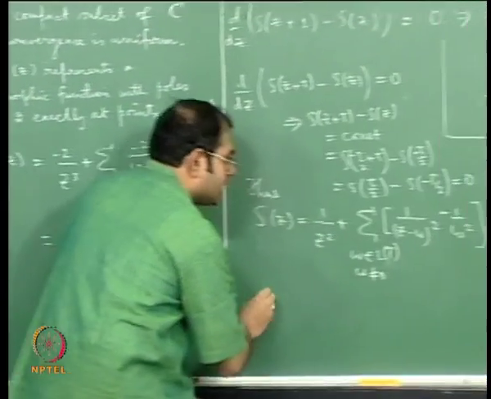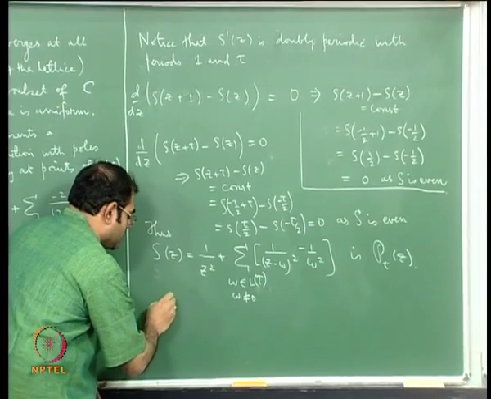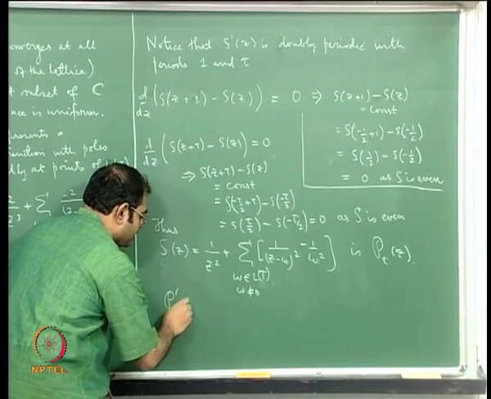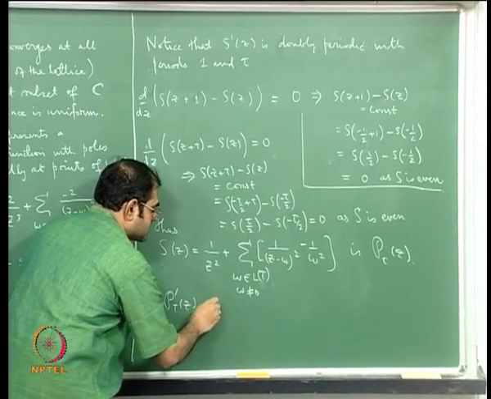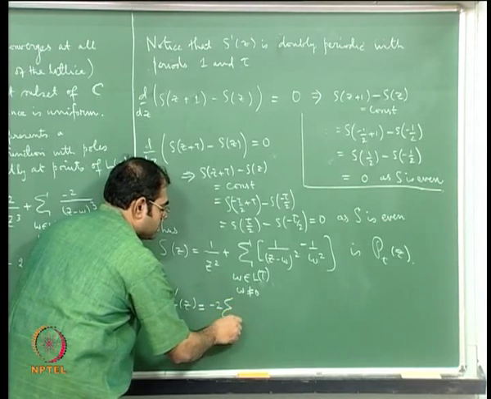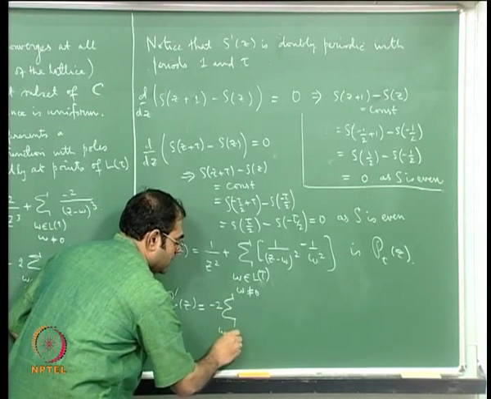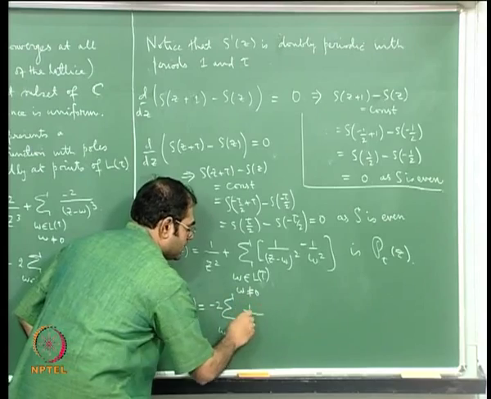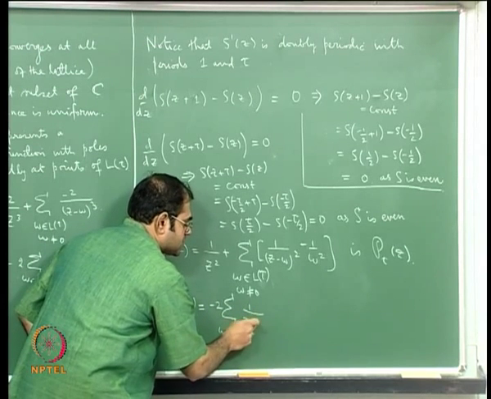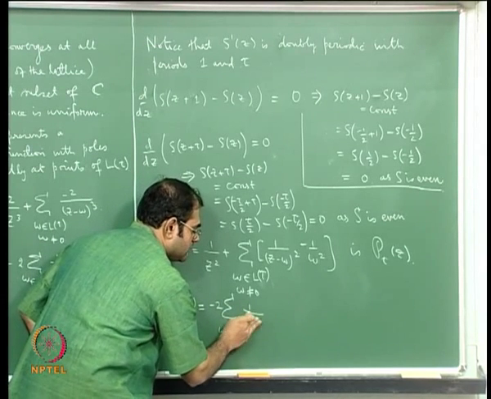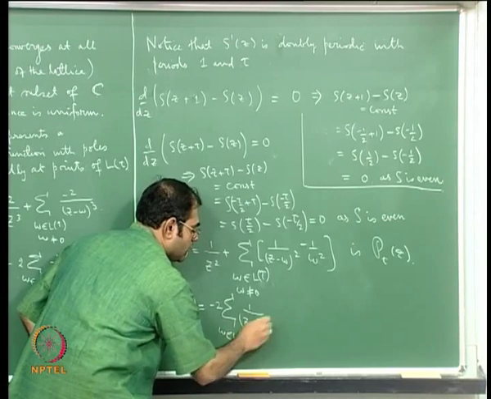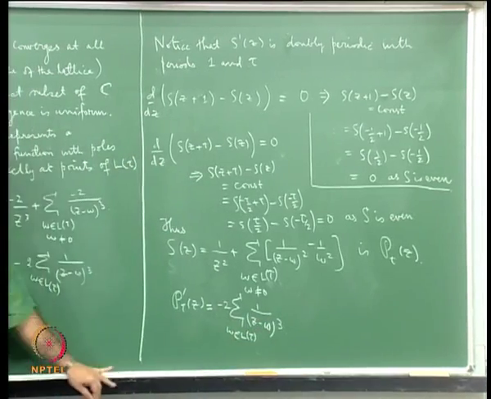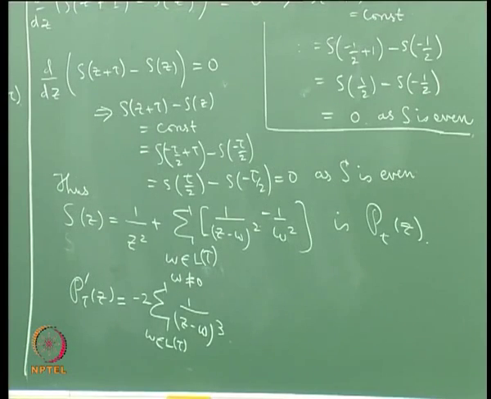So let me also write that down. The derivative is just minus 2 sum over omega belonging to L of tau of 1 by z minus omega the whole cube. So I'll stop here.